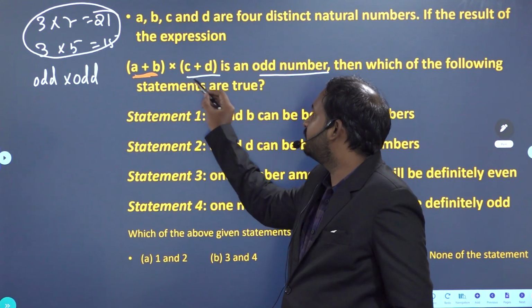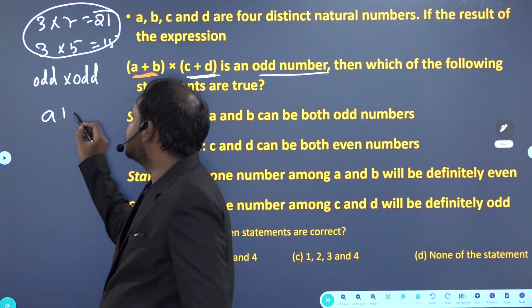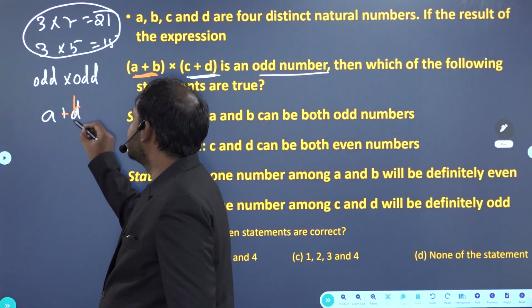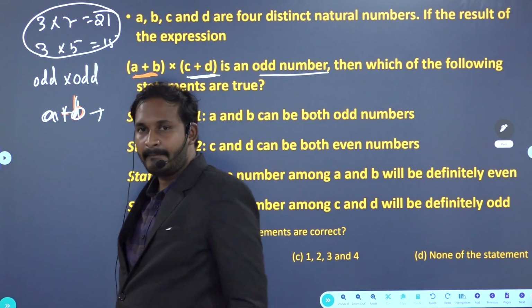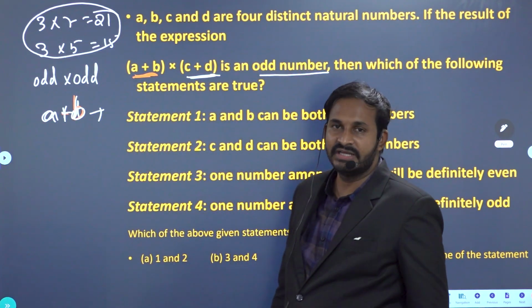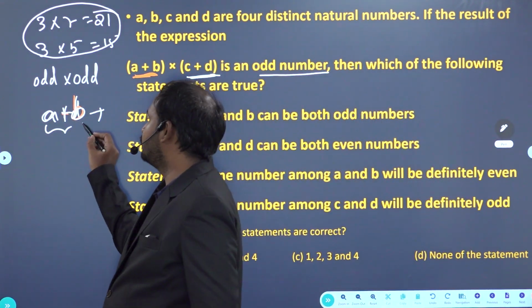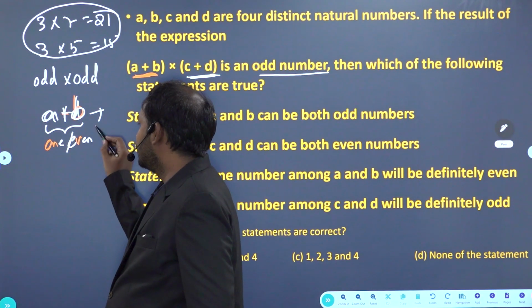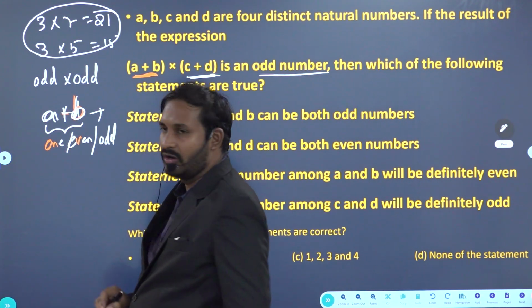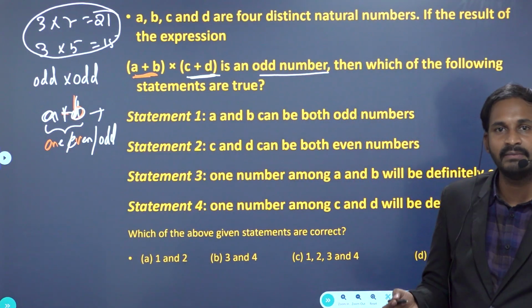Now A plus B should be an odd number, and C plus D should be an odd number. When will I get A plus B as an odd number? Definitely one should be even and one should be odd. Then only their sum will become an odd number. See, the sum of 2 odd numbers is even, and the sum of 2 even numbers is also even.